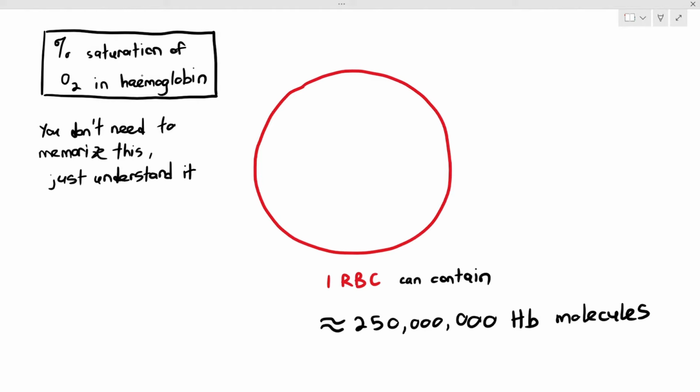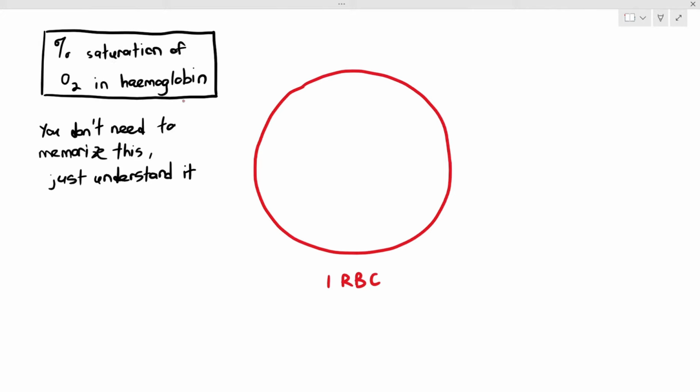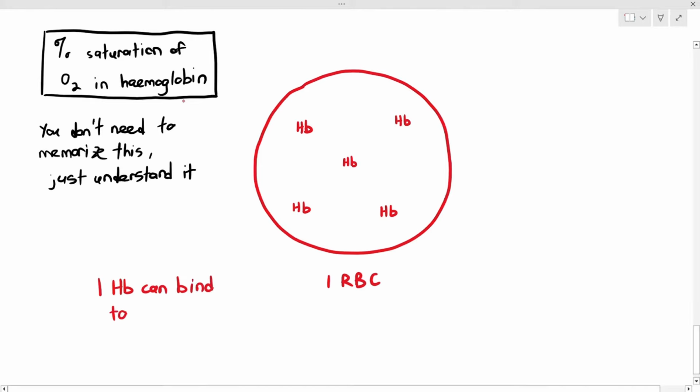Now, instead of drawing out all 250 million hemoglobin, I'm just going to draw out 5 hemoglobin molecules, which I've represented as Hb. So you can see those 5 Hbs over there. Each Hb represents 1 hemoglobin. Remember I told you earlier that 1 hemoglobin can bind to 4 oxygen molecules.